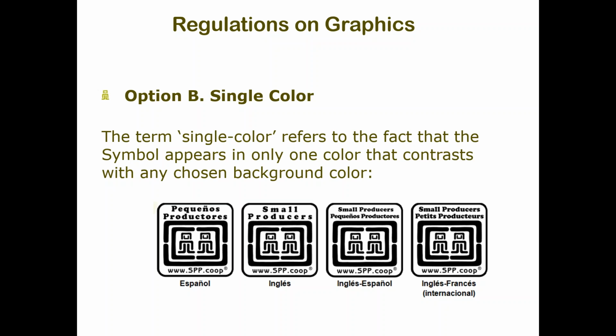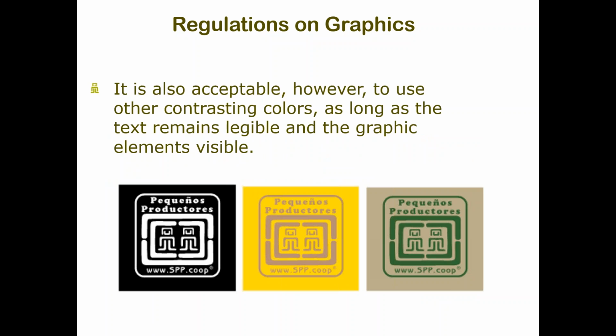Okay. The single color version is option B. A single color refers to when the symbol appears in only one color that contrasts with the background color. In this case it is black and white, but we also have other colors, always respecting that the text remains legible and the graphic visible.